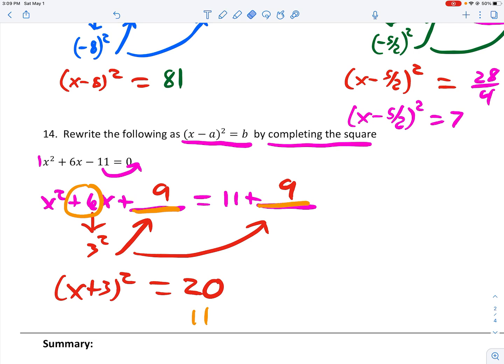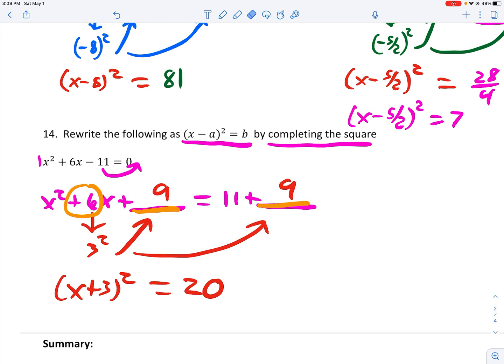No, that's not the case. You're not changing the value of the equation. You're changing its appearance. So if you do something to the left side, you have to do the exact same thing to the right to preserve the balance. So I added 9 to the left. I have to add 9 to the right. So now the whole thing looks different, but it's still the same value.